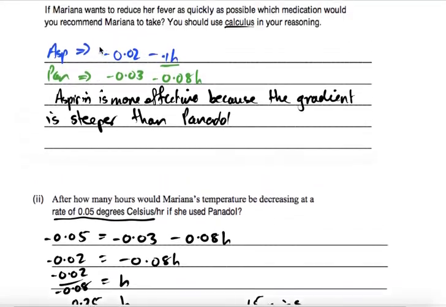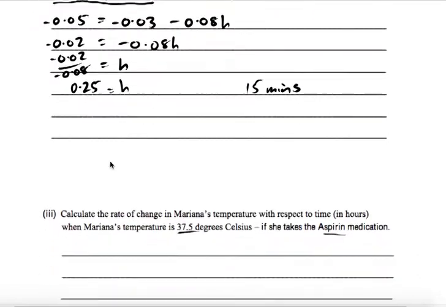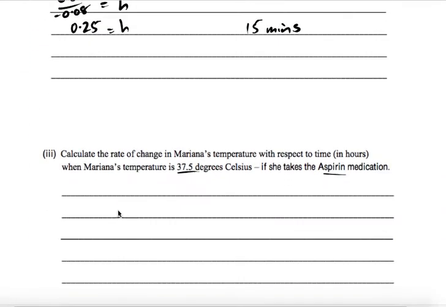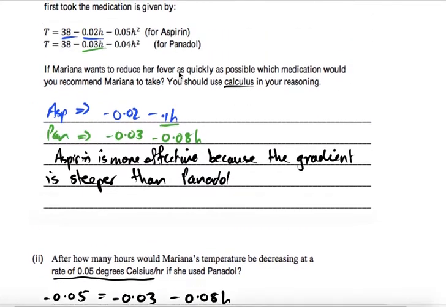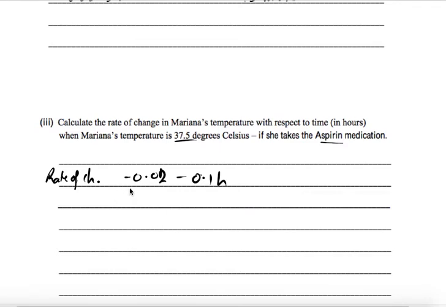So we go to the aspirin one, this blue one here, negative 0.02. So we've got negative 0.02 minus. So that's the rate of change.